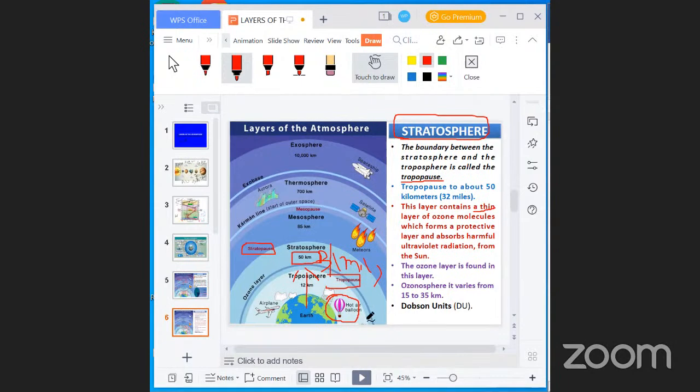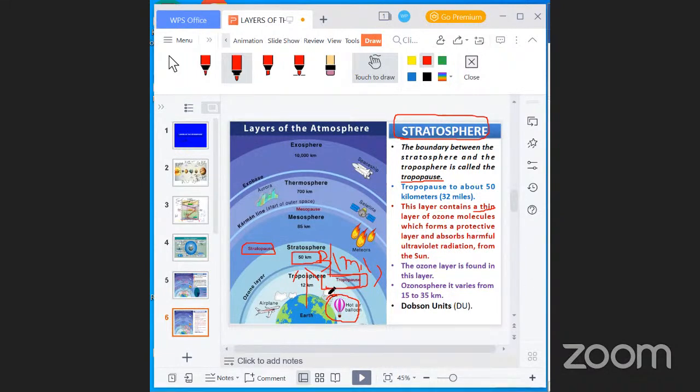This layer provides some advantages for flights because the stormy weather is not there. The stormy weather actually ends at the tropopause, so above the tropopause there is this layer where there is an advantage of flying, right?